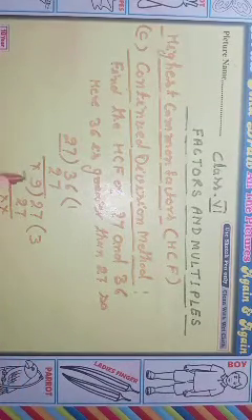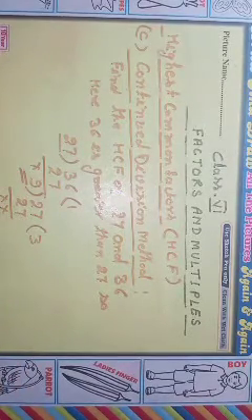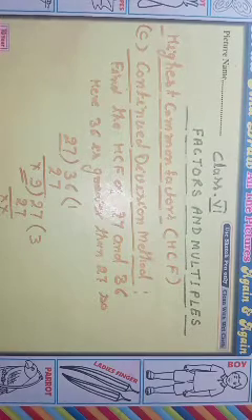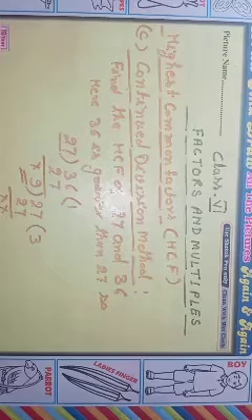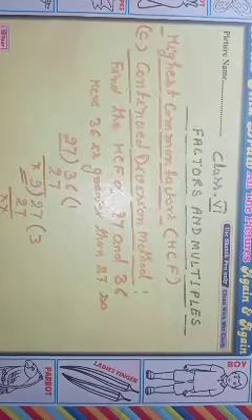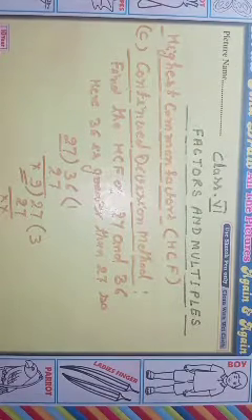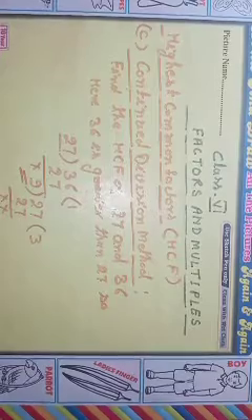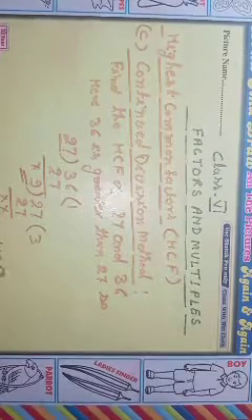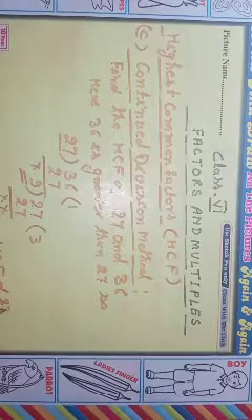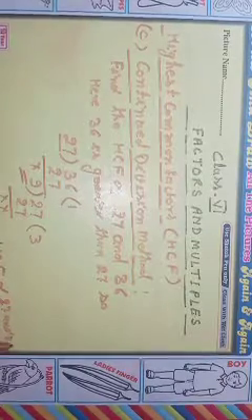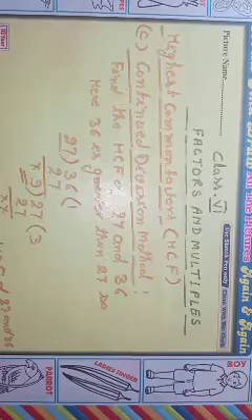The last divisor is 9. So the HCF of 27 and 36 is 9.